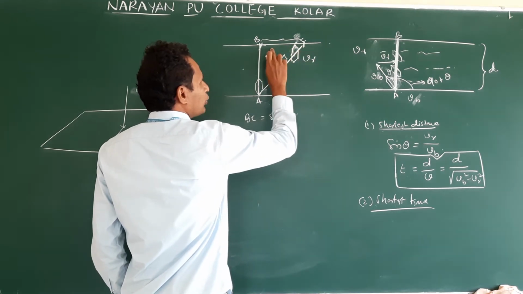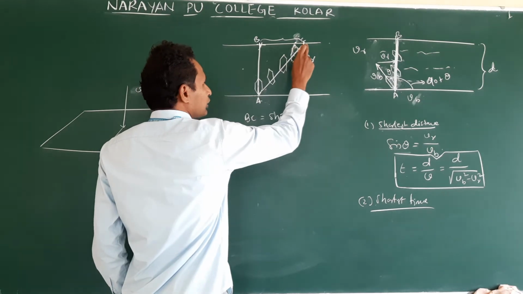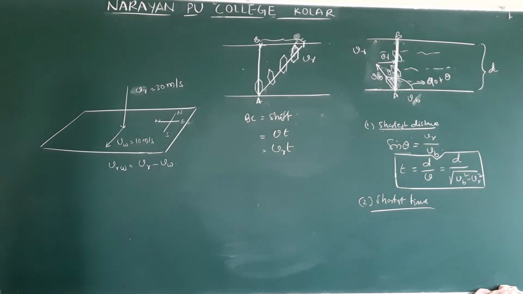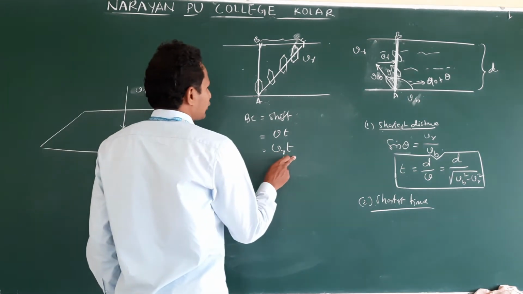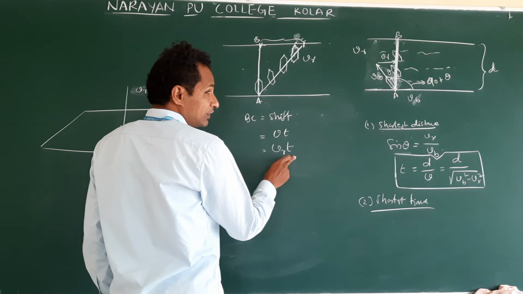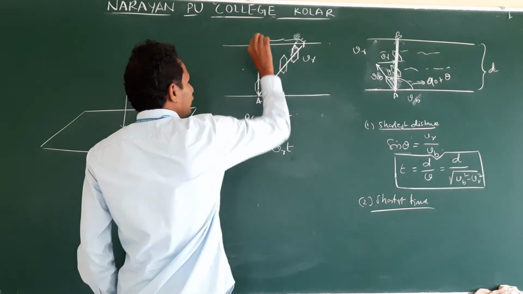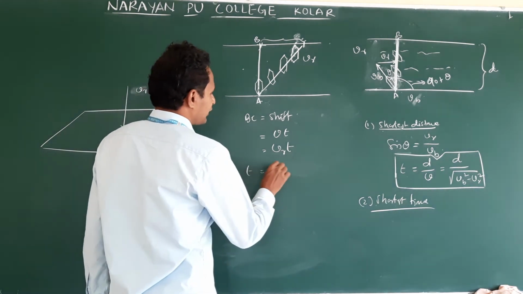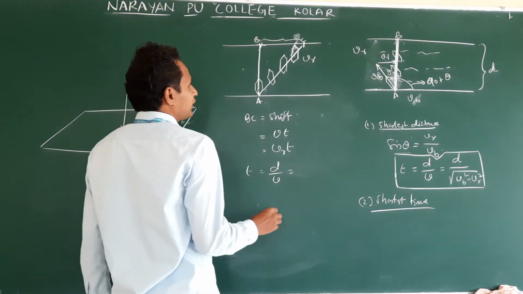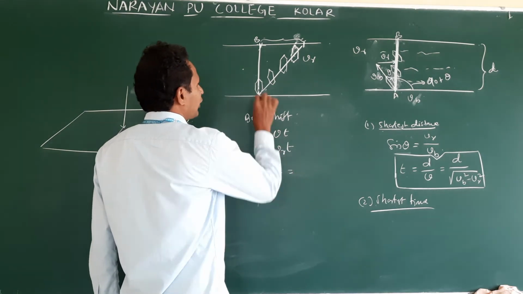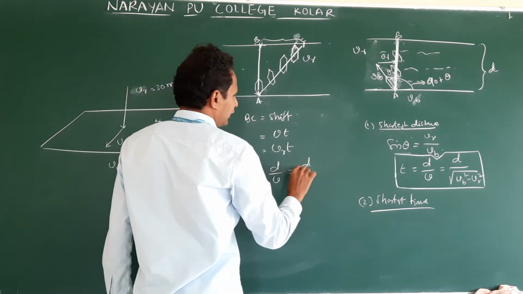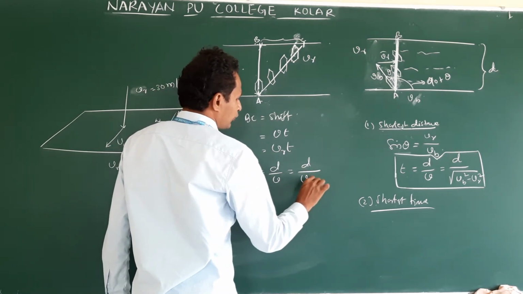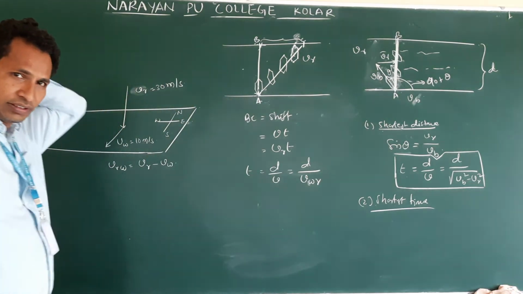Which velocity is taking the boat here? That is the velocity of the river. So velocity of river into t, where time is the time to reach the opposite bank. Clear? So how do we find time? Time is again distance by velocity. The displacement from here to B is d, by the velocity of the boat with respect to the river.